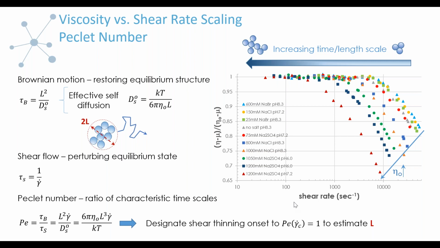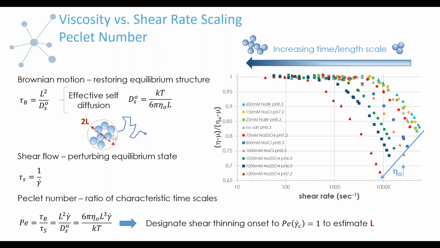So we talked before that we have this shear flow that we're imposing, and it's competing with some sort of thermodynamic forces that are acting to restore or maintain equilibrium. One of these is going to be the Brownian motion, of whatever objects you have in the solution, whether they're individual units or clusters or aggregates if you prefer.